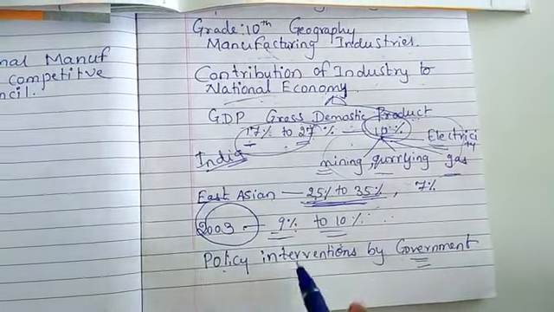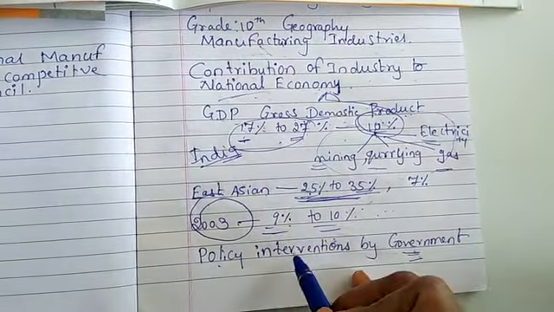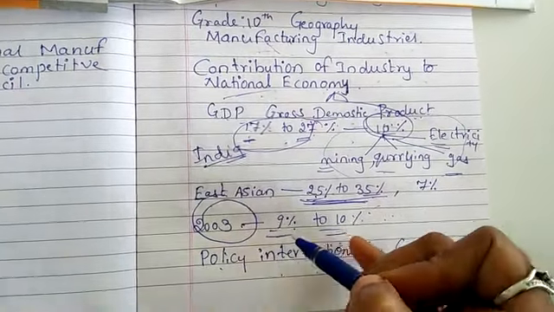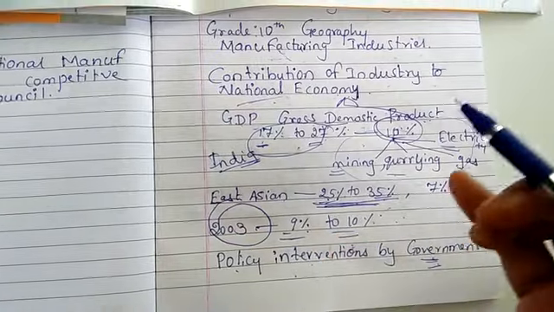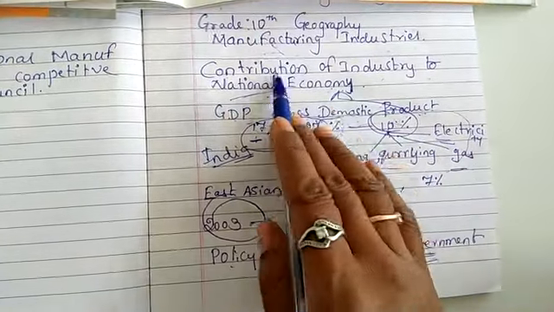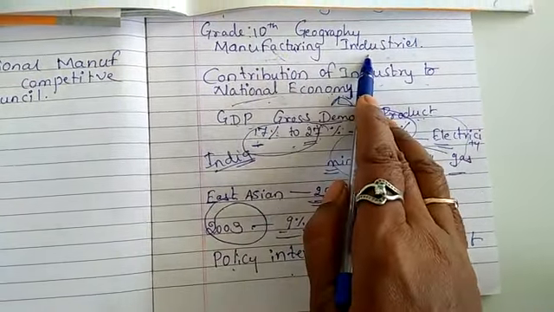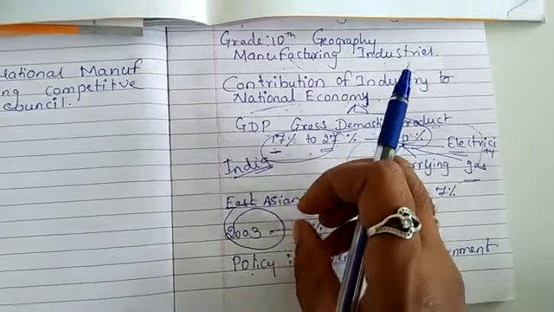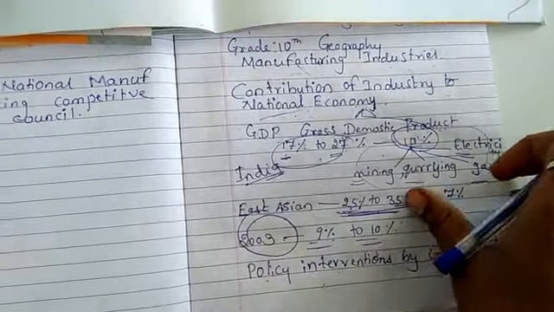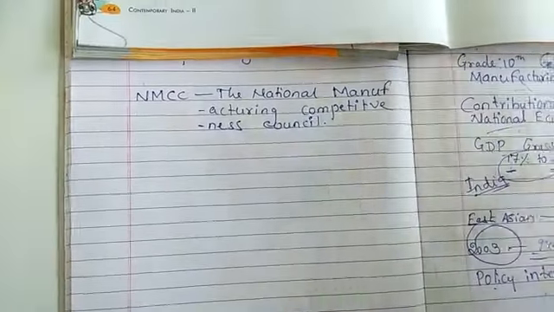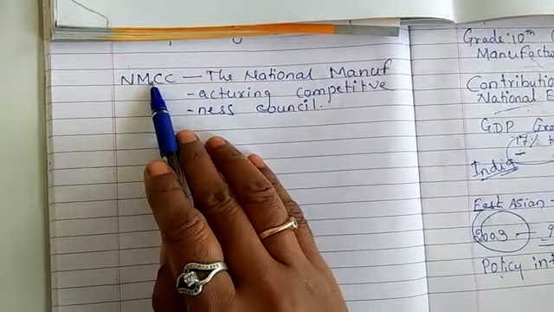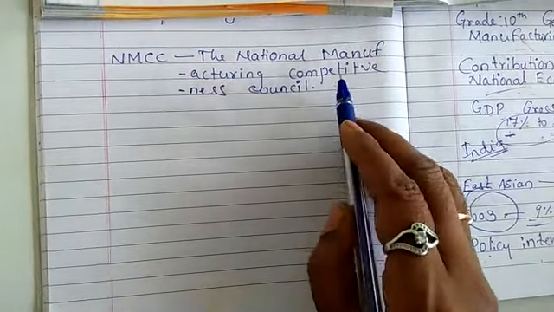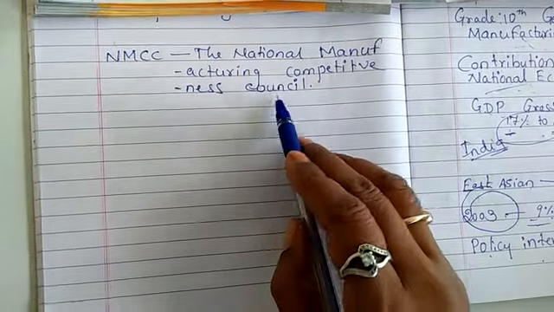Along with that, the government is giving loans and making ordinary people a part of this manufacturing industry. Our government also makes a contribution through the NMCC, the National Manufacturing Competitiveness Council.